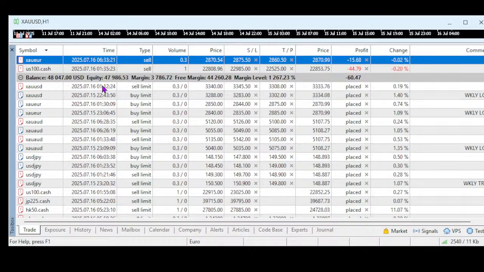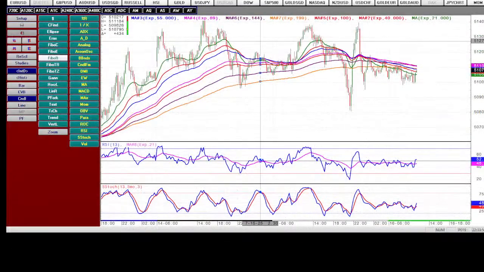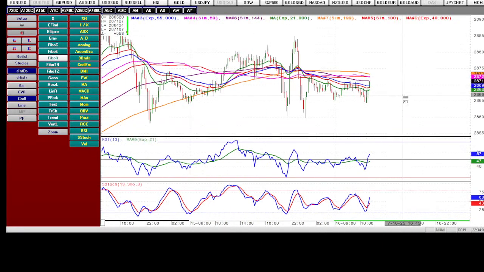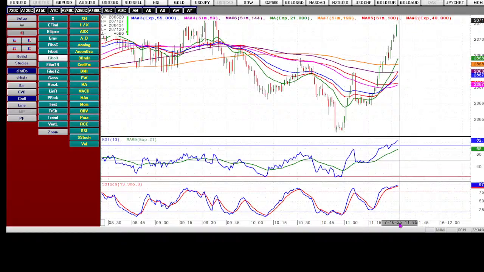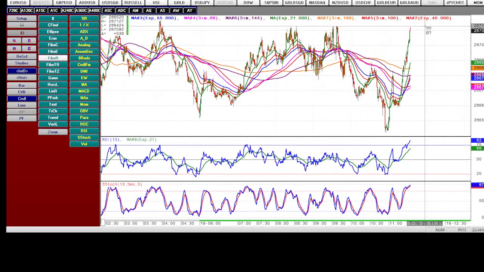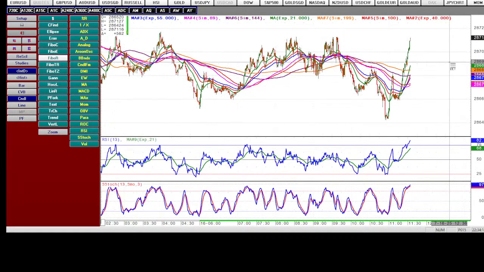Now you see here the gold euro got filled at 70 half. Now let's see the chart to see whether we should hold the trade or wait for a better level. Looking at this, this is not a good sign, because we still have another 30 minutes.